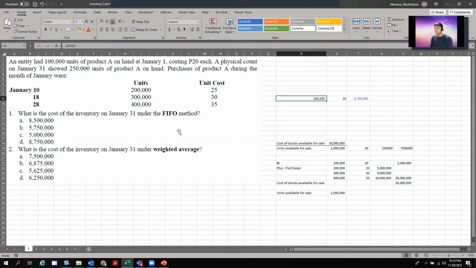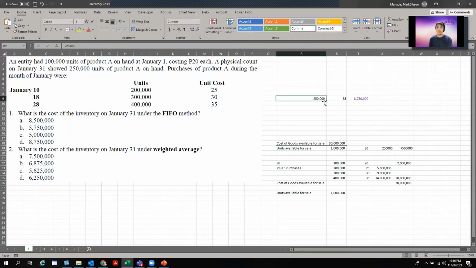So tignan natin ngayon. We have 250,000 units of product A. Ano ba yung most recent purchase natin? Ayan, on January 28, we purchased 400,000 units at 35 pesos per unit. Therefore, this 250,000 ending inventory came from the purchase from January 28 of 400,000.